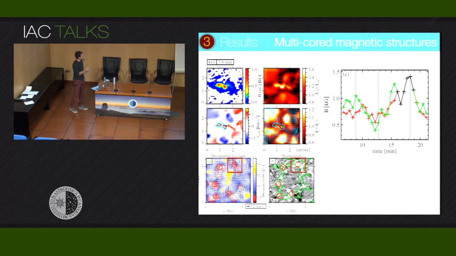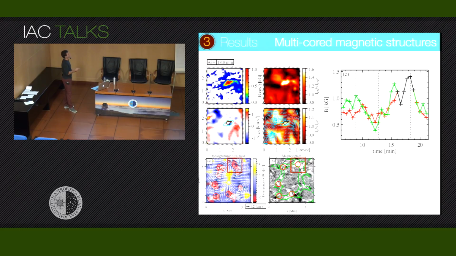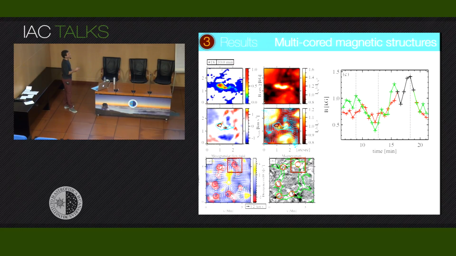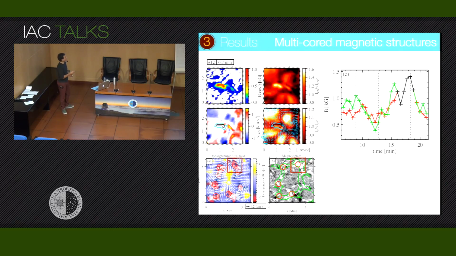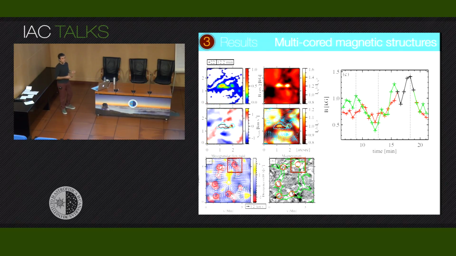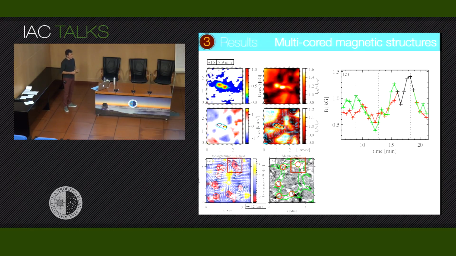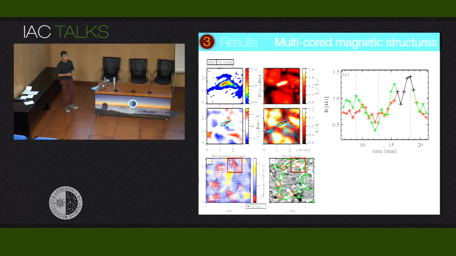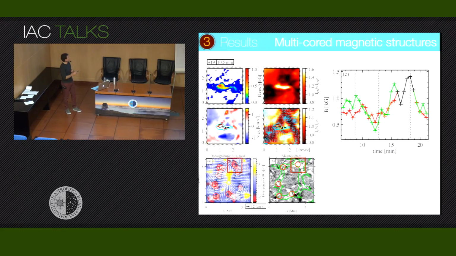We can see that during the merging, the field strength intensifies, and then it splits again into 2 different cores. During the splitting, the field strength decreases. So as I said before, this continuous fragmentation and coalescence process gives rise to magnetic field oscillation of the global entity.